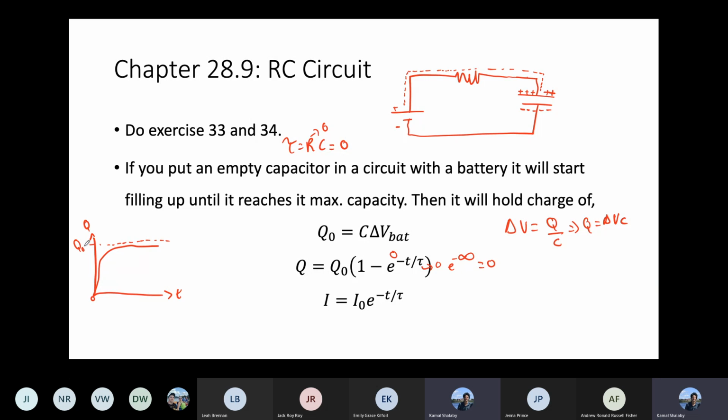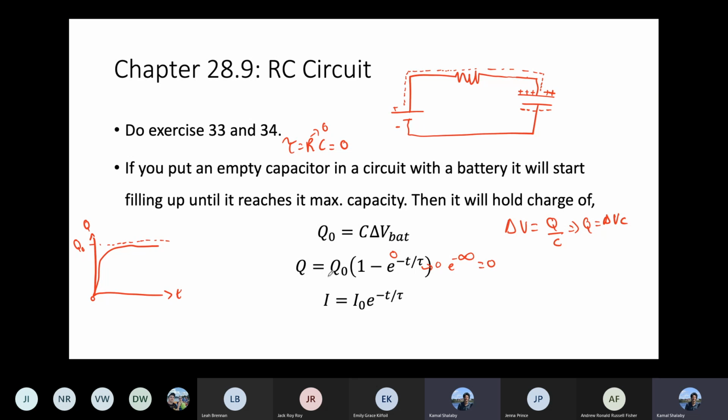It would only reach Q naught at time equal infinity. That's what we showed here: as time goes to infinity, e to the power of negative infinity is 0, so it's 1 minus 0, and finally Q will equal Q naught.